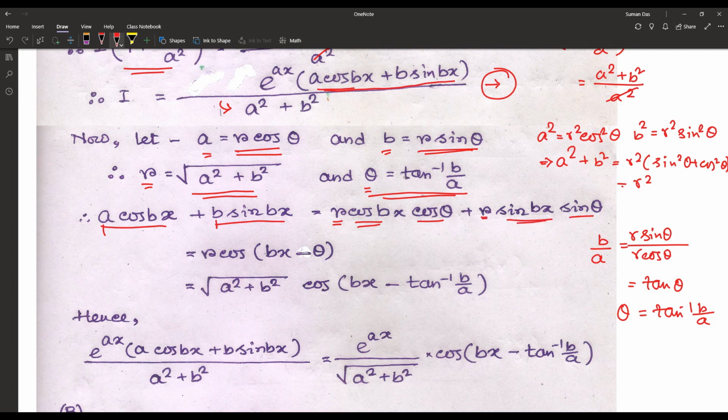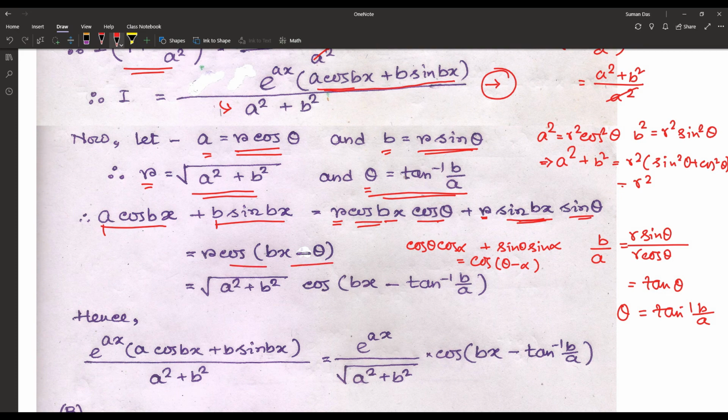So it can be written as r taken common, cos of bx minus theta. That is just like cos theta cos alpha plus sin theta sin alpha, which can be written as cos of theta minus alpha. So that is cos bx into cos theta plus sin bx into sin theta, or cos of bx minus theta.